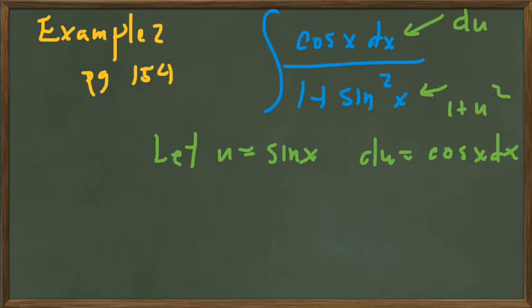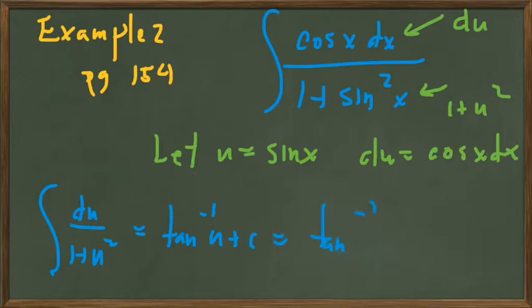So we then have converted it to the integral of du over 1 plus u squared, which is tangent inverse of u plus c, which is tangent inverse of sine x plus c.